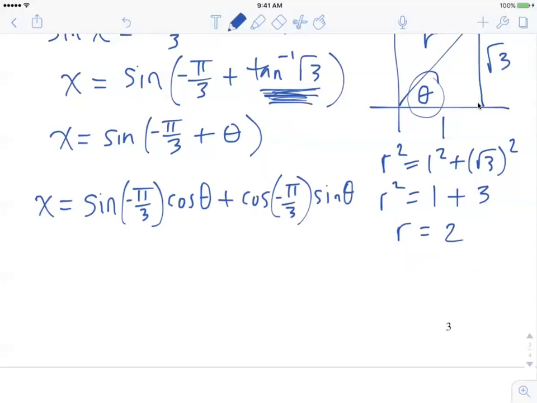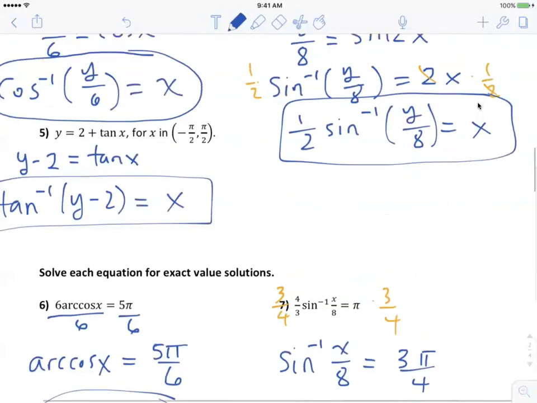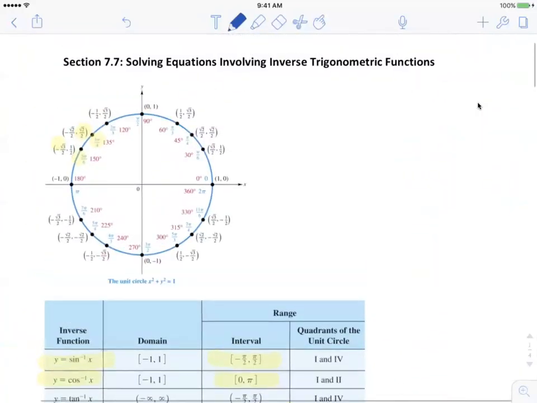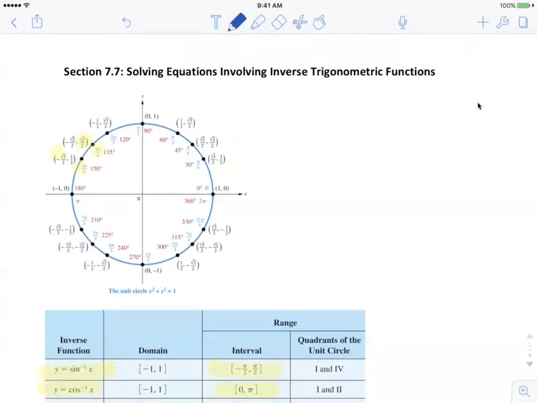Now we are in business here because sine of negative pi over 3 I can find on my unit circle. So if I go back to my unit circle for that, negative pi over 3 is the same as 5 pi over 3. So we're right down here. And so the sine is the y coordinate, negative root 3 over 2.